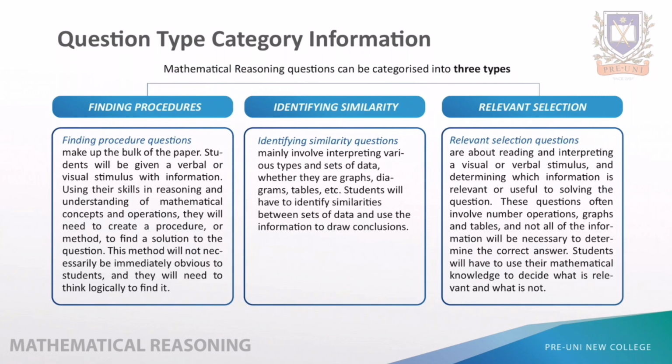The third category type, relevant selection questions, are about reading and interpreting a verbal or visual stimulus and determining what information in that is relevant or useful to solving the question being asked. These questions often involve number operations, graphs, and tables. Not all of the information will necessarily be used in determining the correct answer. Students will have to use their mathematical knowledge and deductive reasoning to decide what is relevant or not.